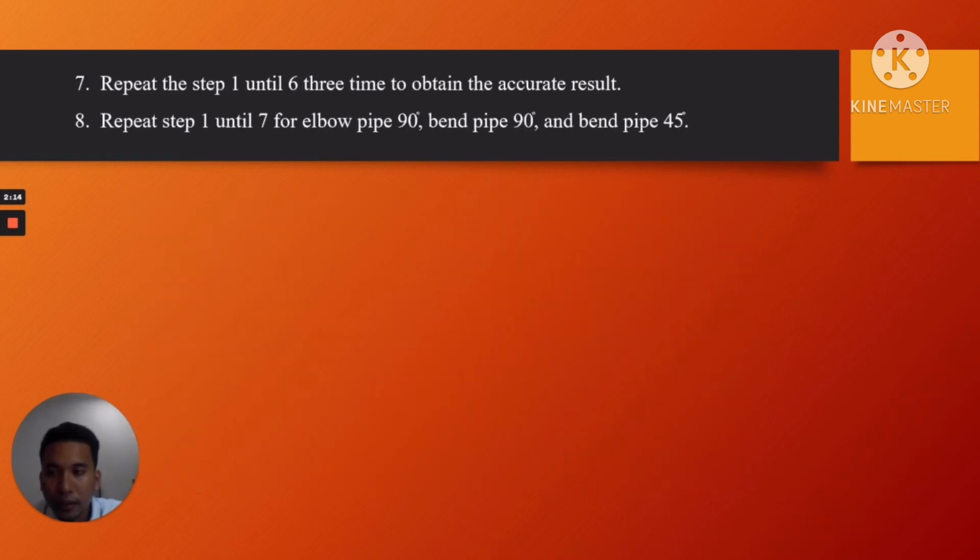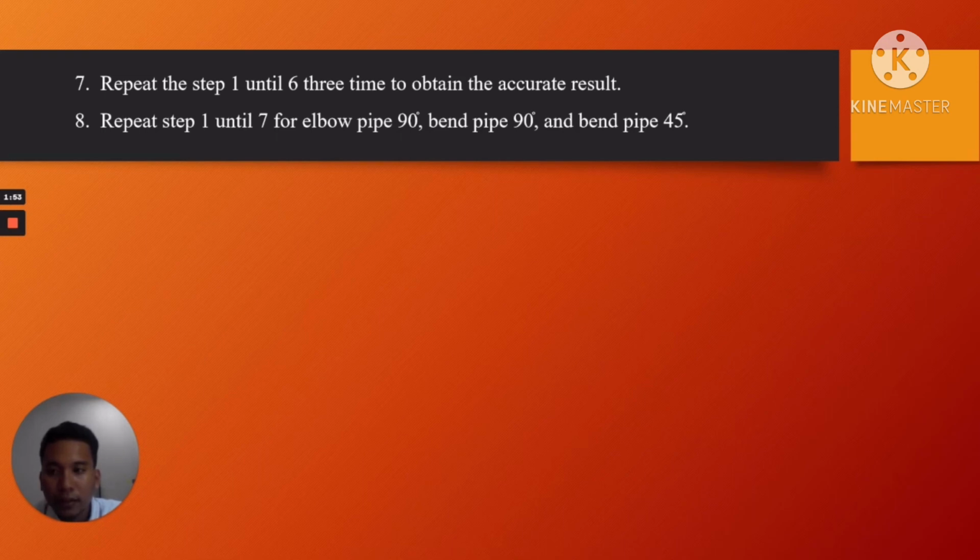So step number 7, repeat steps 1 until 6 three times to obtain the accurate result. So we must take it three times for avoiding the error.